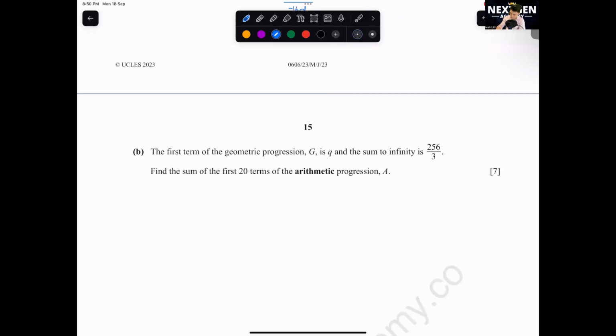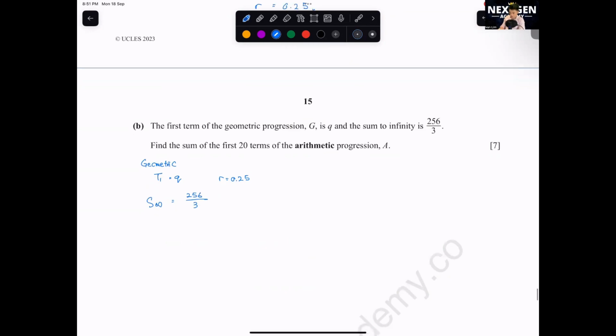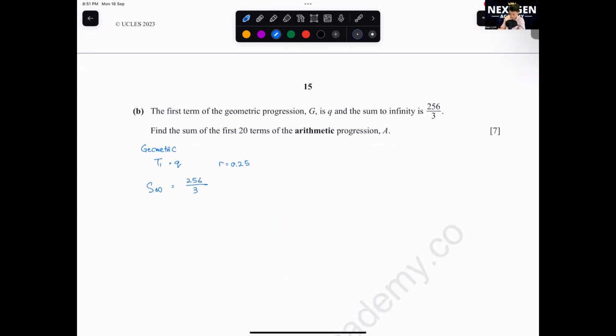So they say here, in this geometric one, your term 1 is equal to Q. We also found just now R is equal to 0.25 from the previous question. They say that the sum to infinity is equal to 256 over 3. What is the formula for sum to infinity?